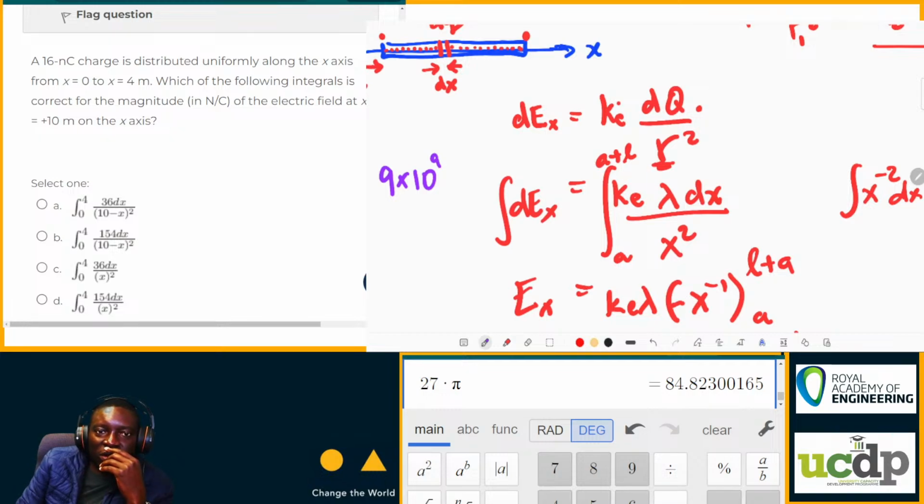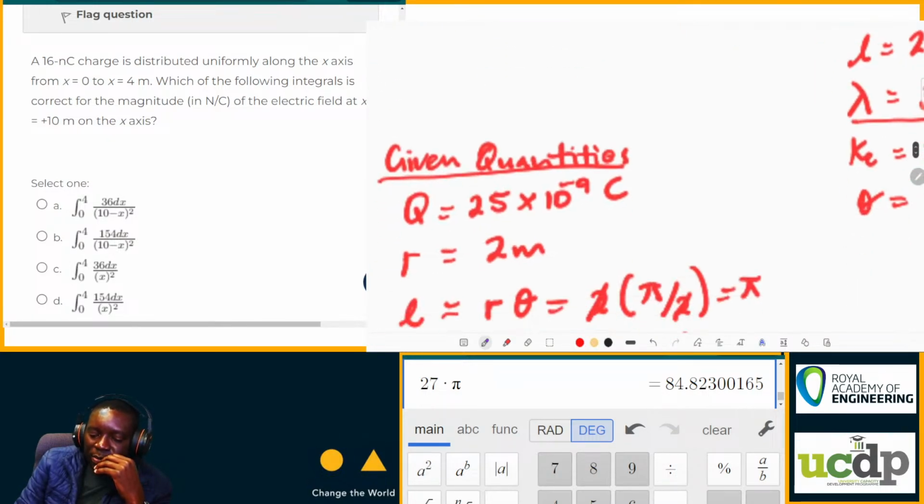Do we have a lambda for this system? Yes, we do, because we have charge per unit length. So our lambda is 16 times 10 to the negative 9. And what is the length of this distribution? So we're evaluating the constants. Our constants are KE lambda.